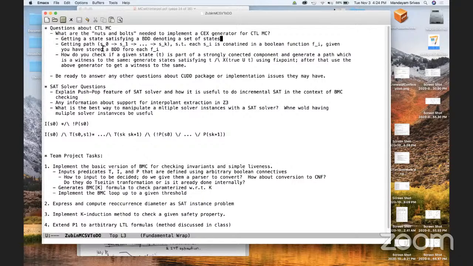If that does not have not P, then you will compute one more iteration in the fixed point, which will give you all the states that start from P that go into not P.